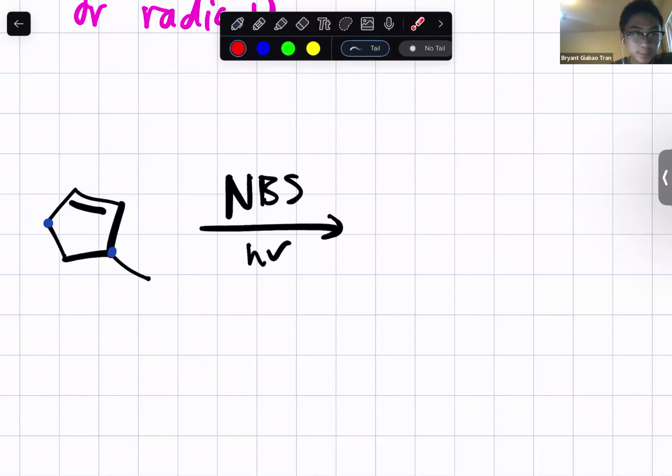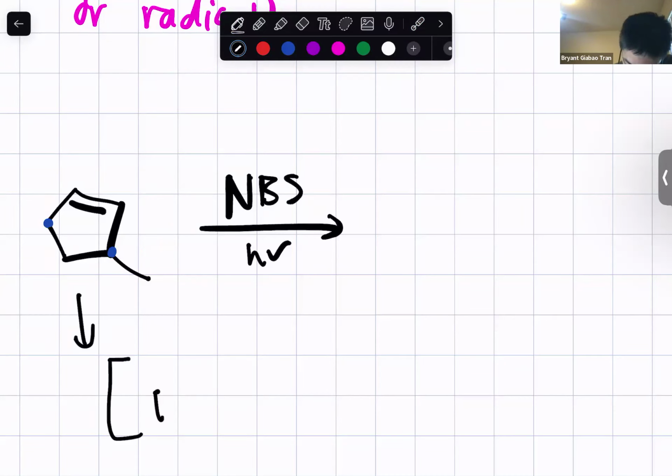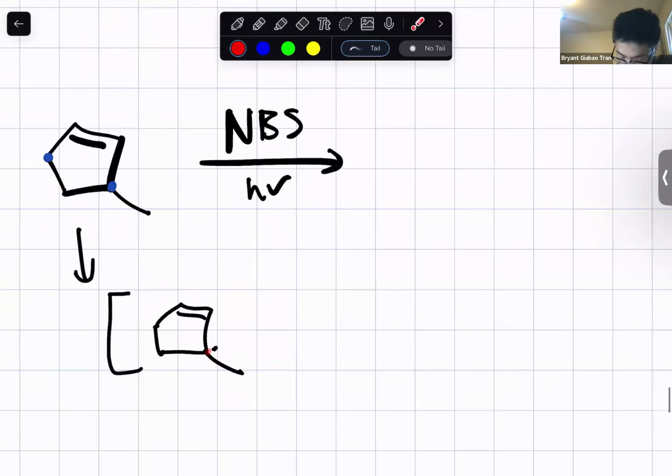The next thing you do is figure out which allylic carbon will give you your more stable radical. This allylic carbon here is more substituted, so it will give us the more stable radical. So somewhere in the mechanism, we have that radical right there, tertiary allylic radical.